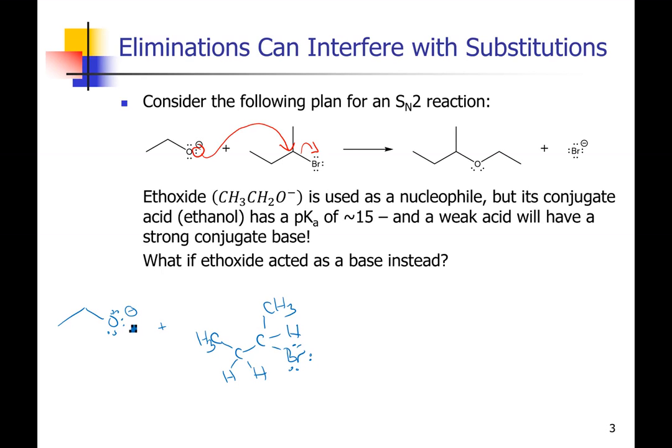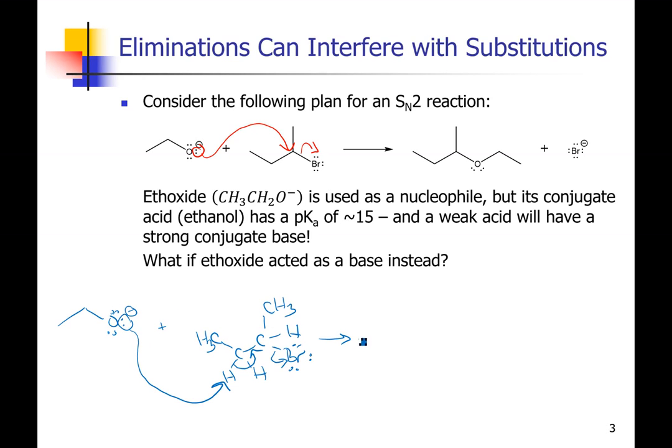And so option A, of course, was the substitution where the oxygen comes in directly, kicks out the bromide, but that's not the only thing that can happen here. The other thing that can happen is that the oxygen can reach down and grab a hydrogen, again from the carbon next to the electrophilic carbon, and we'll see the official term for that in a few pages, and create a new pi bond, kicking out the leaving group.